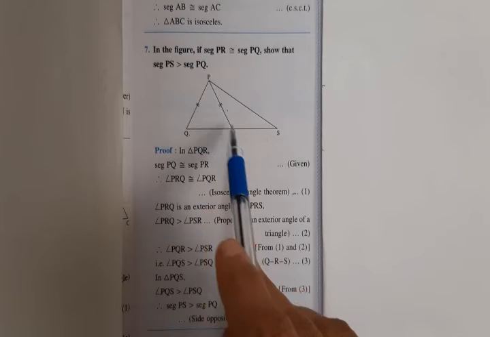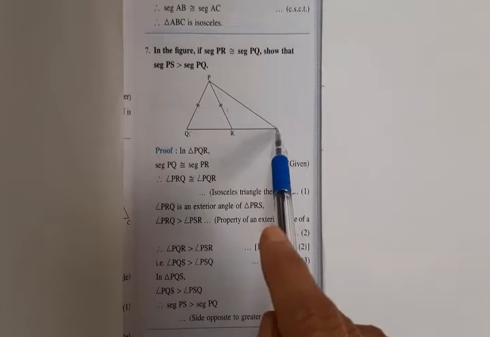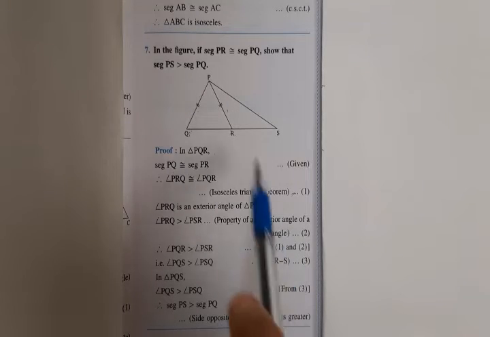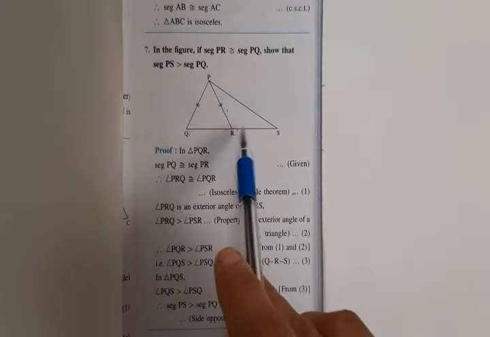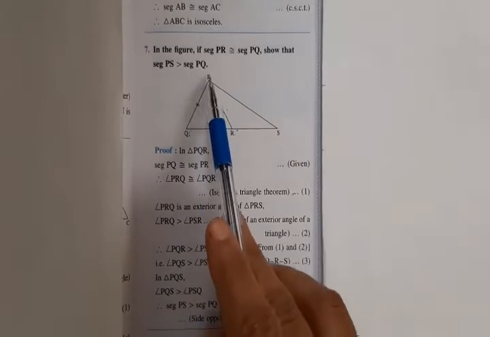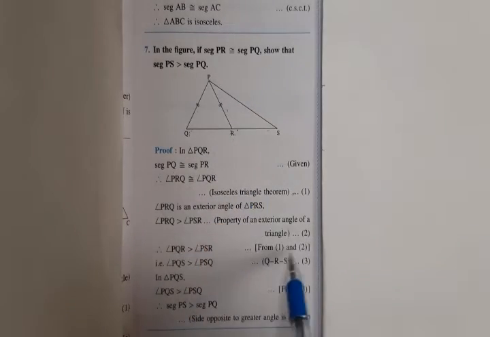Now angle PRQ is greater than angle PSR. That is the property of an exterior angle of a triangle, because PRQ is an exterior angle of triangle PRS. So here we can mention angle PQR is greater than PSR from 1 and 2.